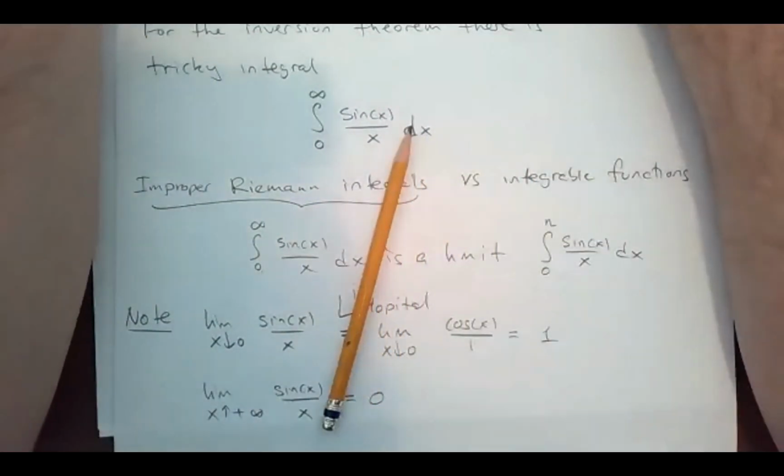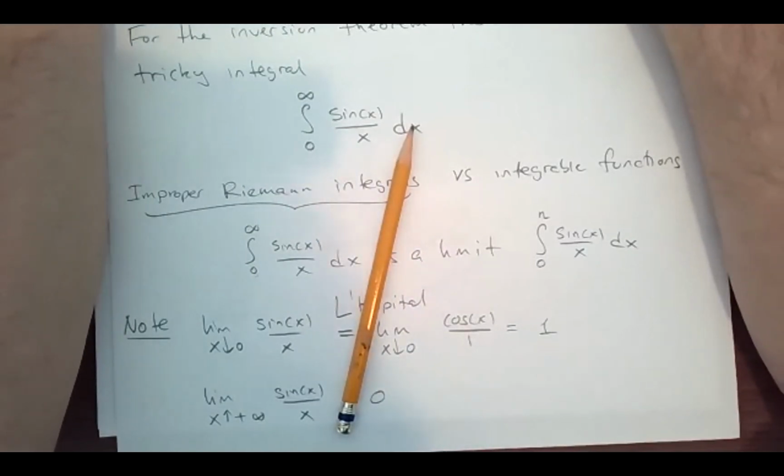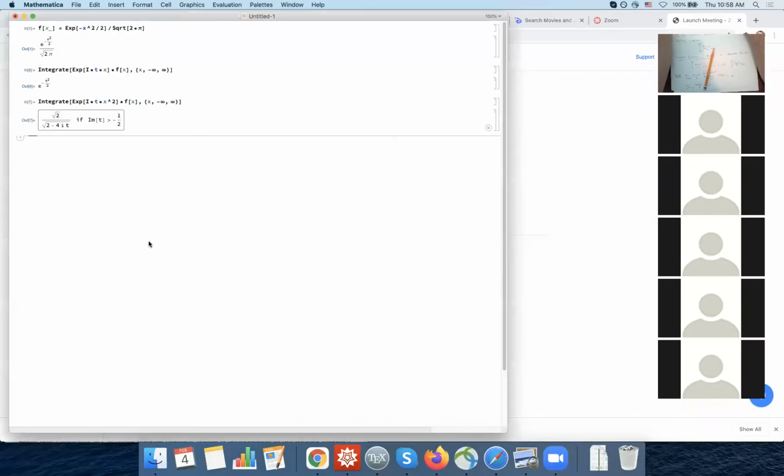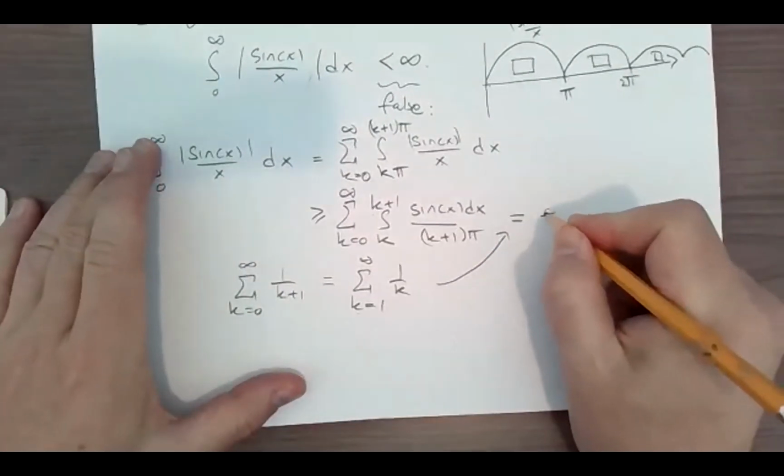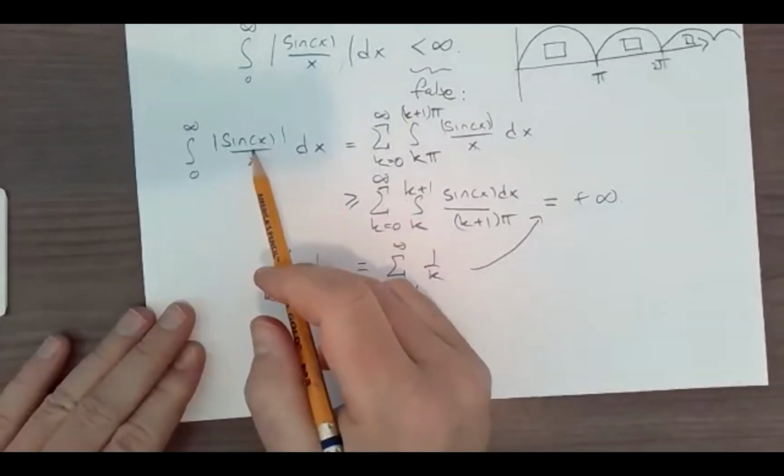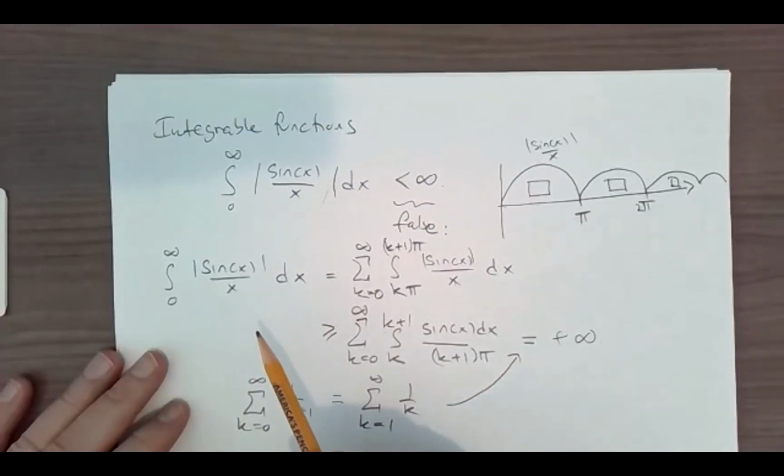Maybe we can switch over to Mathematica and see what Mathematica says. So if I do the sum of 1 divided by k, k from 1 to infinity, it says it doesn't converge. It's going to give me the value plus infinity. So this value here is plus infinity. So this function here is not integrable.